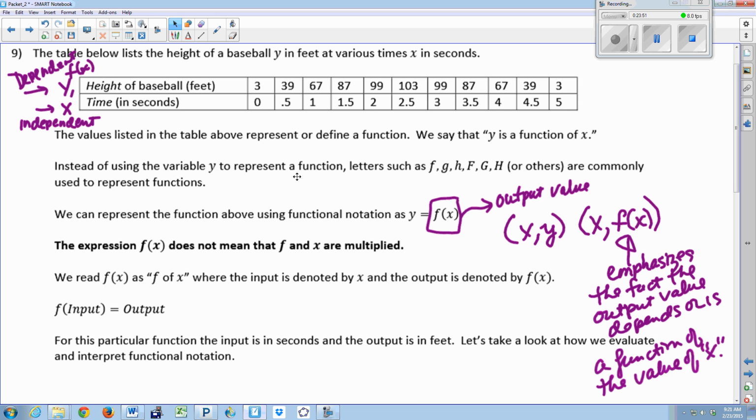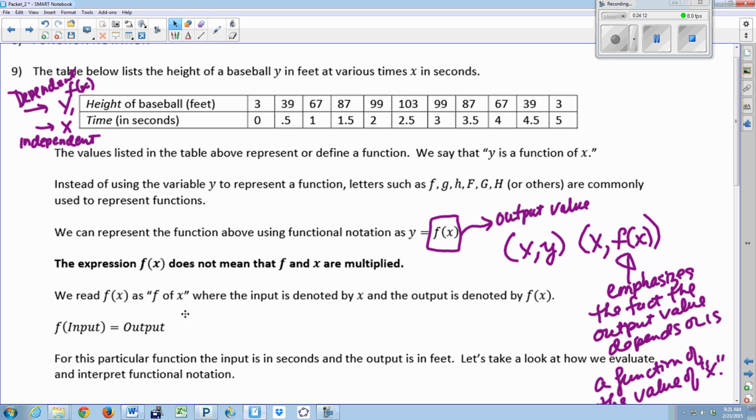Whatever appears in the parentheses is called your input, and what comes out of this f of the input is called your output. Those are some other languages for it. So for this function, my input is time in seconds, and my output is the height of the baseball in feet. So let's see how we would interpret this new notation.